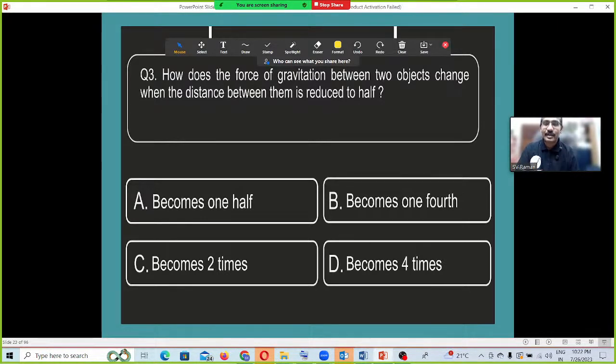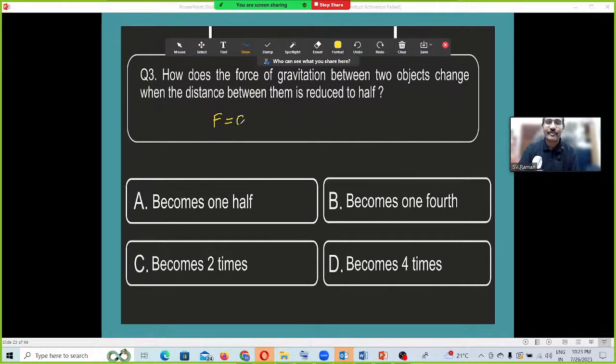Now, a very simple concept over here. The options are: option A becomes 1/2, option B becomes 1/4, option C becomes 2 times, option D becomes 4 times. So how to choose? Clearly mention the formula.